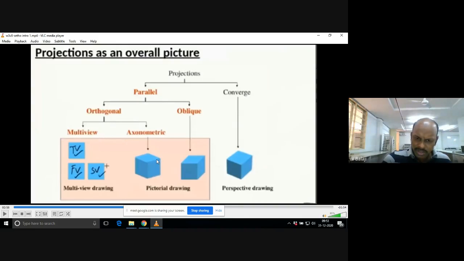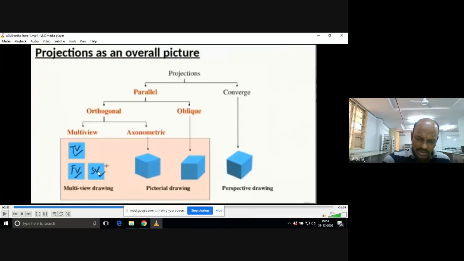Axonometric means it's a single view. One example is isometric view. Just now I have discussed, you can see all the three dimensions in a single view. But in case of multi-view, in the top view you can see only two dimensions, in the front view only two dimensions, if it is a plane object.